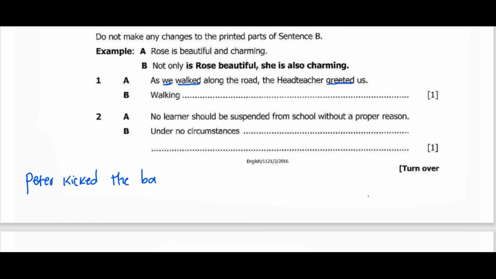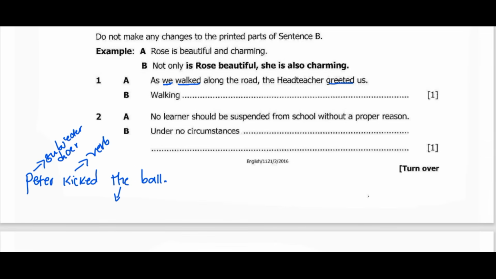If we analyze this sentence, Peter is the subject. Why is Peter considered the subject? He is the doer of an action. Peter was the one who did the kicking. Then kicked is our verb. In this context, the verb refers to the action.